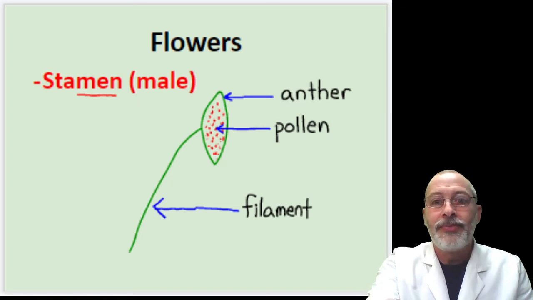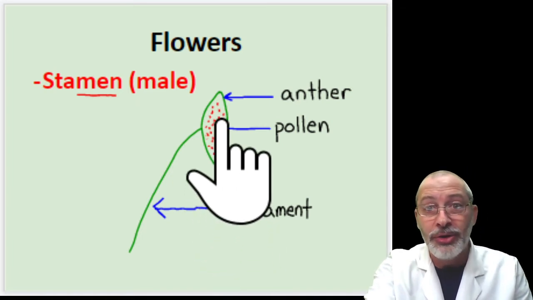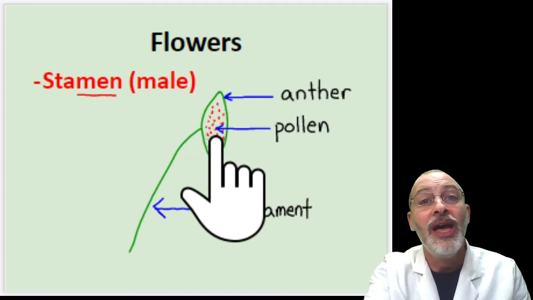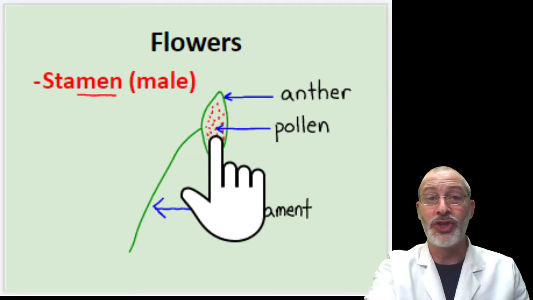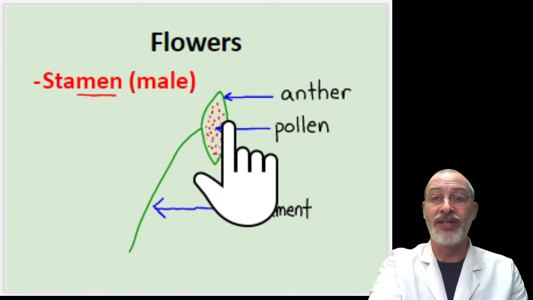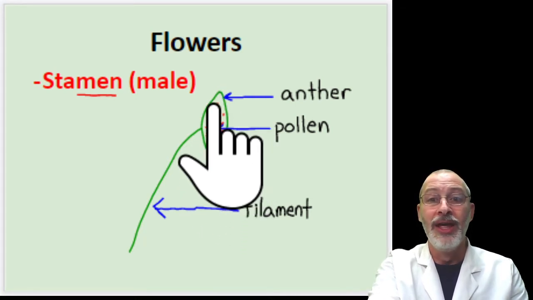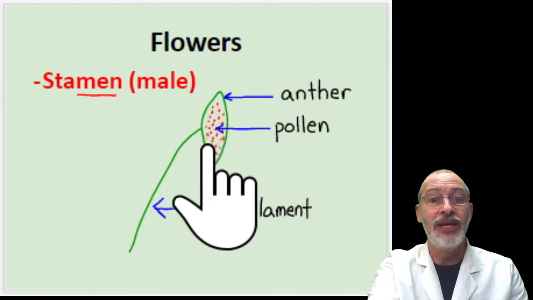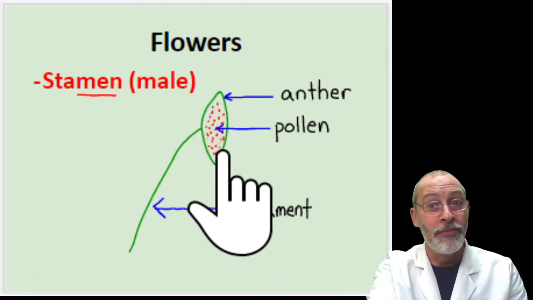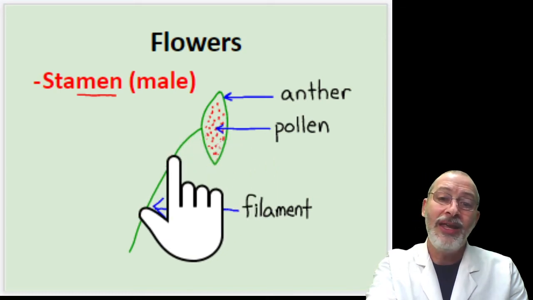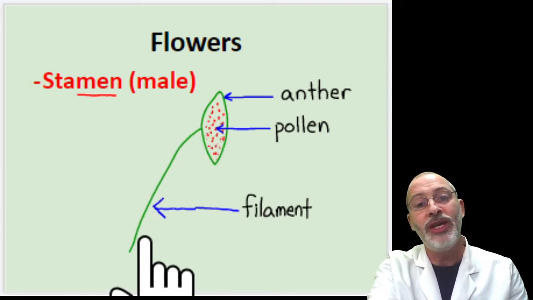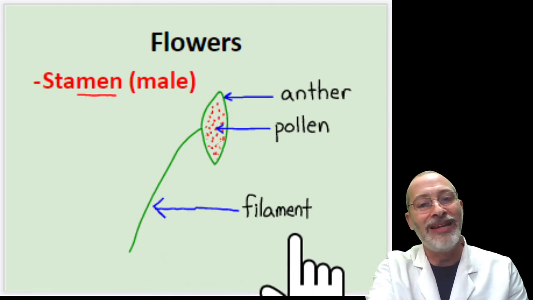And then on the anther, we have attached all of the pollen. We spoke at length about pollen in a previous lesson, so hopefully you remember that pollen is the male structure which contains the sperm cells, and that is on top of the structure called the filament.